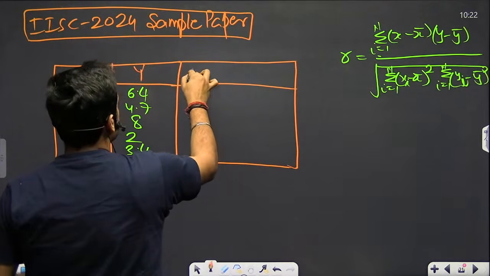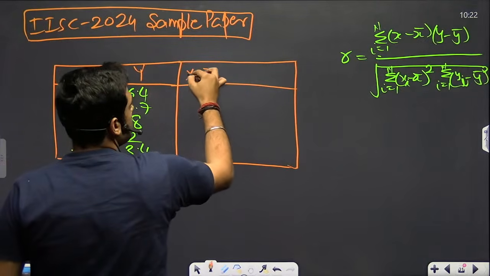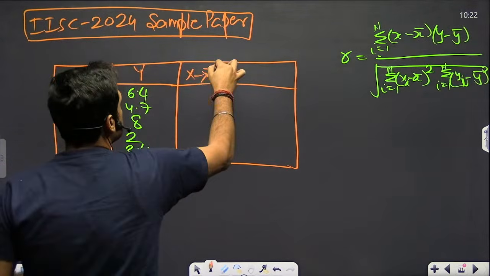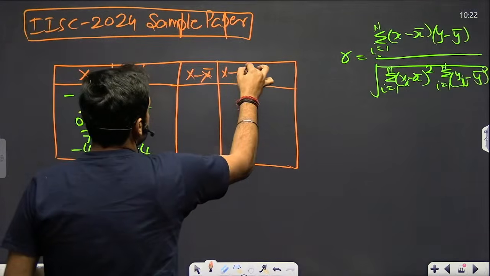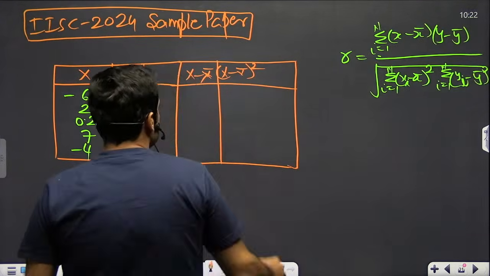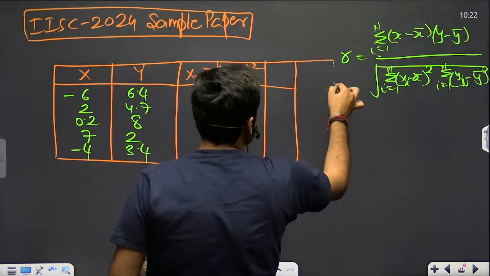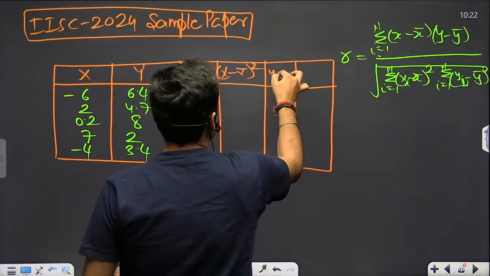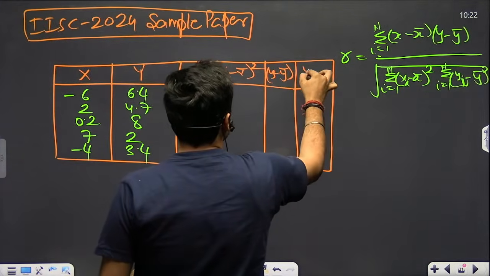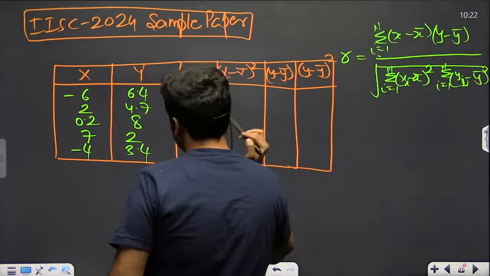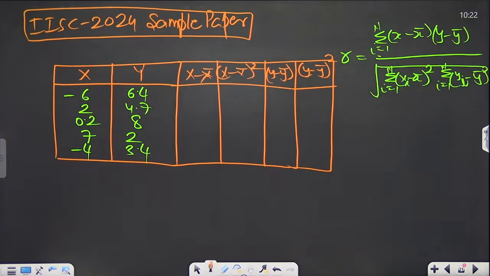So calculate x minus x bar, then calculate x minus x bar whole square, right? And then calculate y minus y bar and y minus y bar whole square. So you have to calculate this.